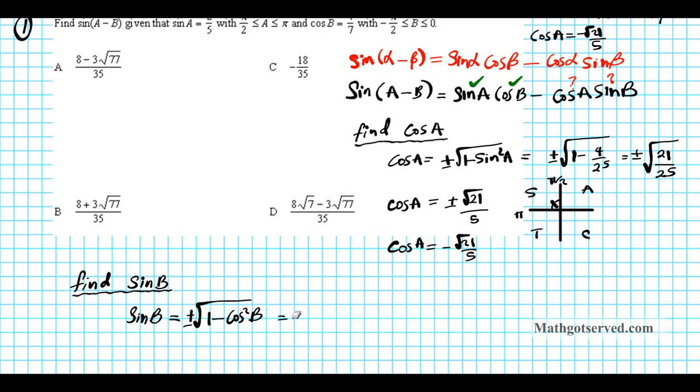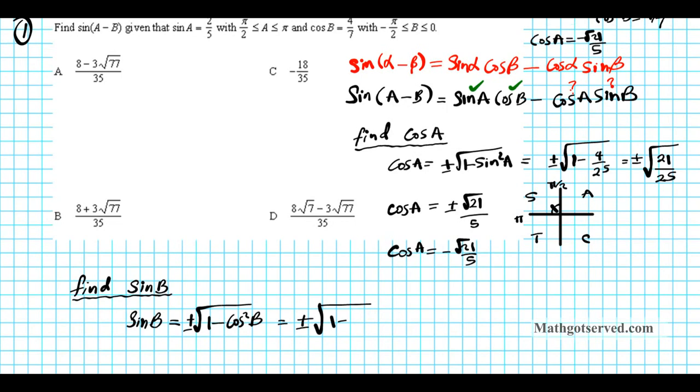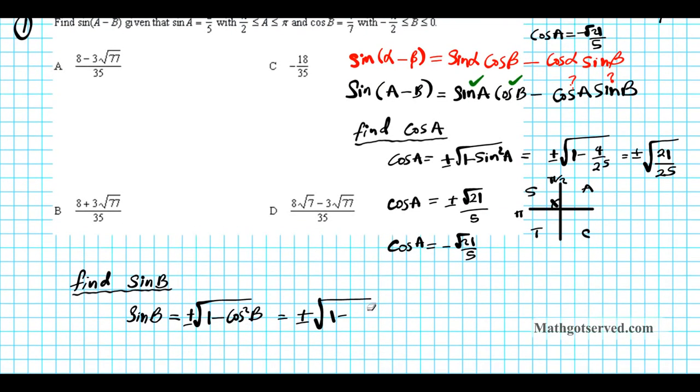Let's evaluate this expression when we substitute the value of cosine B, which is 4 over 7. If we square that, it's 16 over 49. Then if you subtract 16 from 49, we get 33.